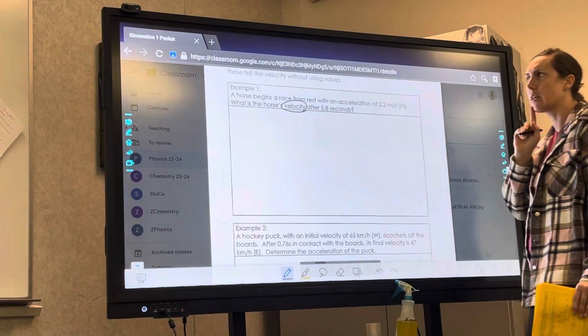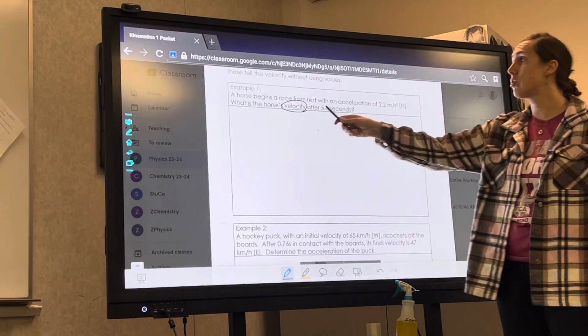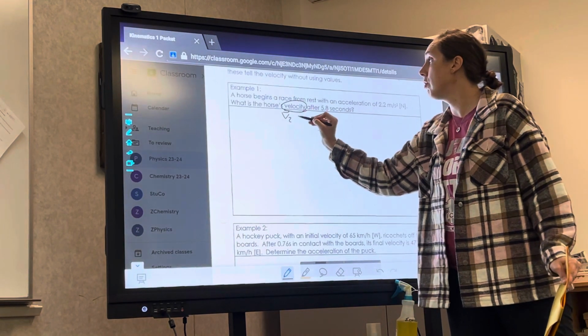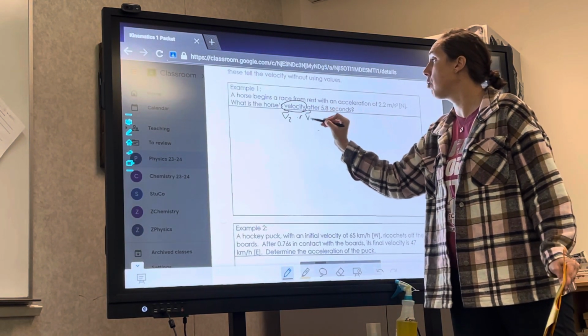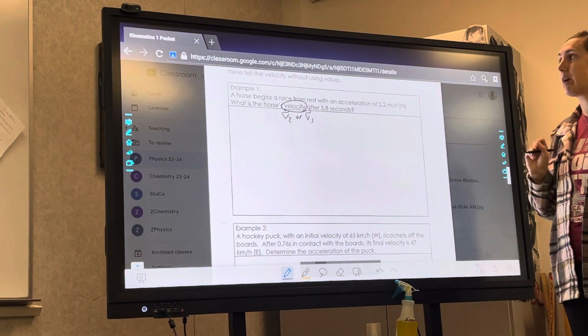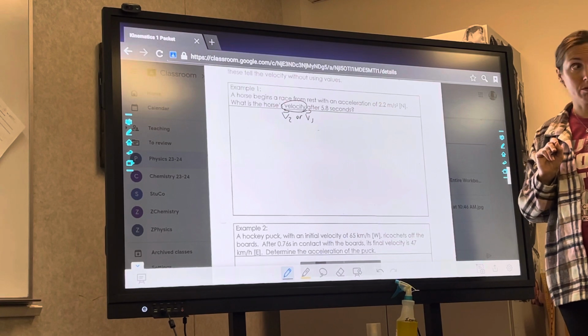So what are they asking us for? Initial velocity or final velocity? What is the horse's velocity after 5.8 seconds? Are they asking for V2 or V1? V2. Okay, good.